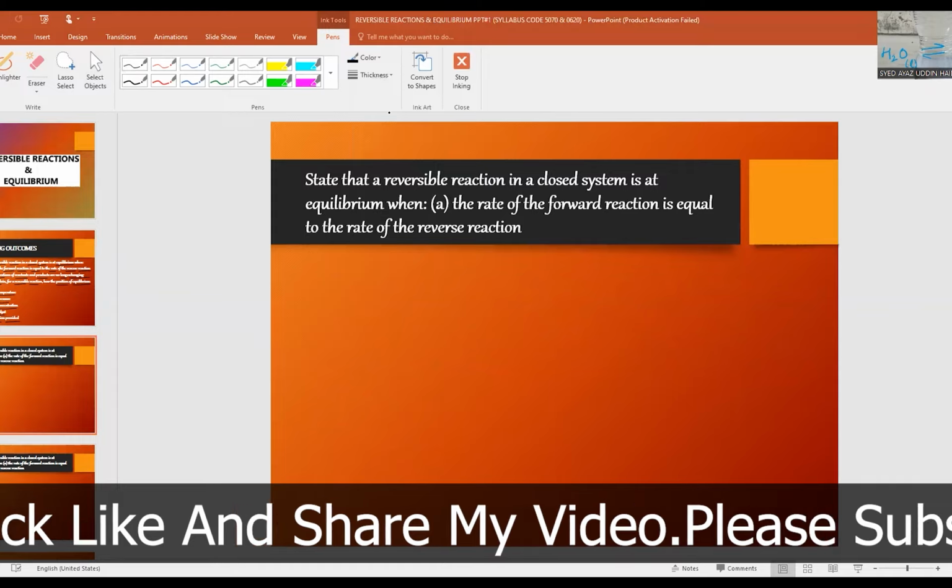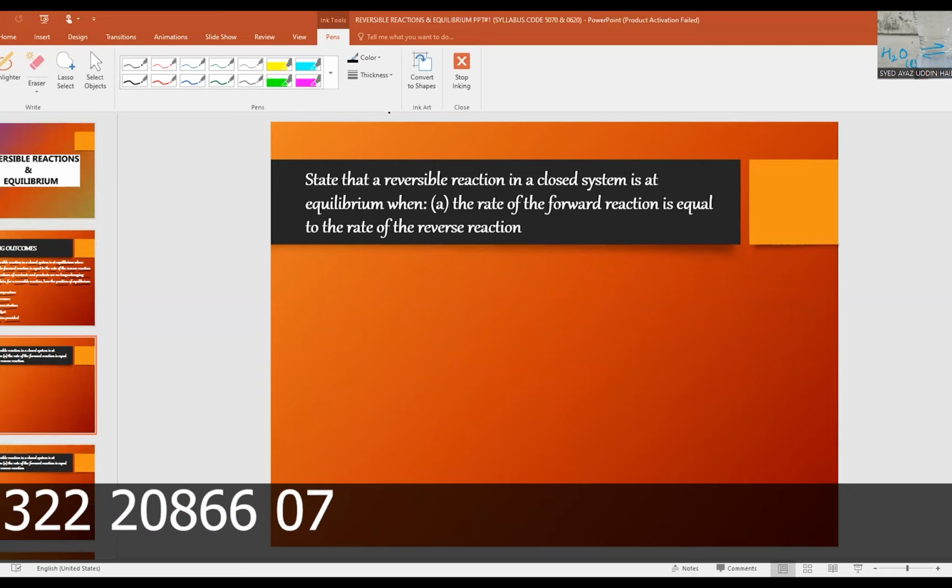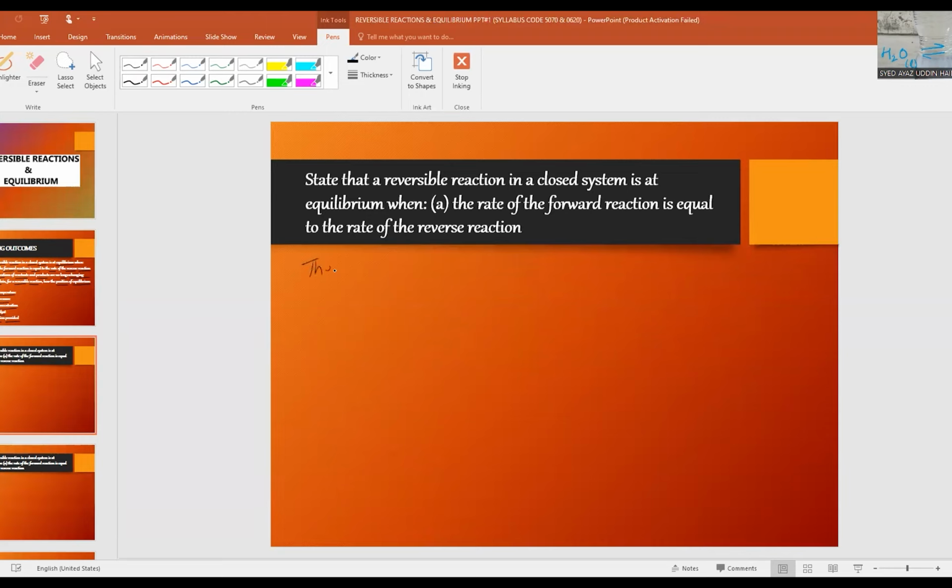Recall the definition of a reversible reaction. The reactions that can be reversed or take place in both directions are known as reversible reactions.